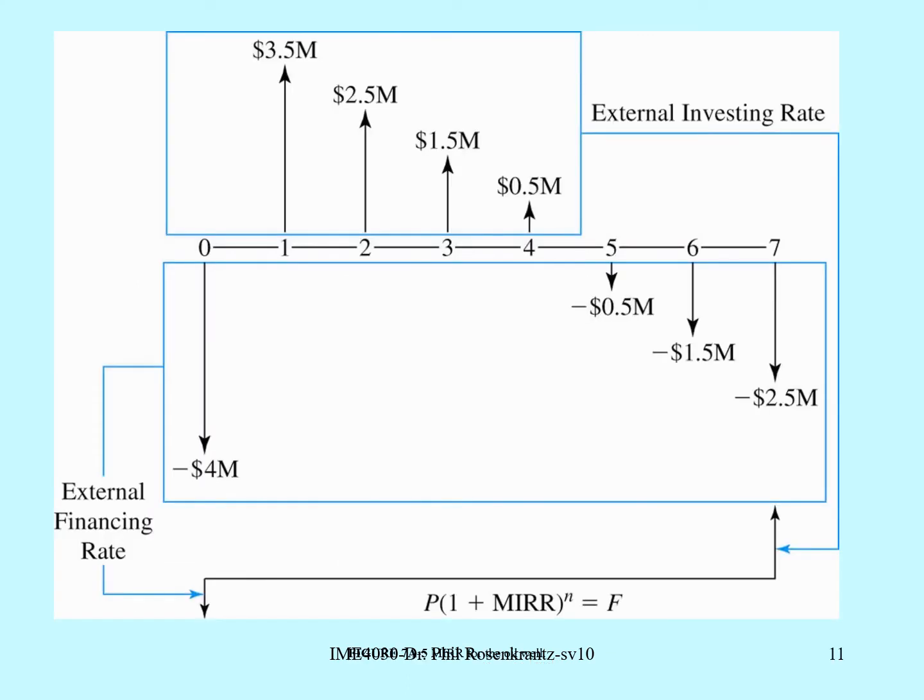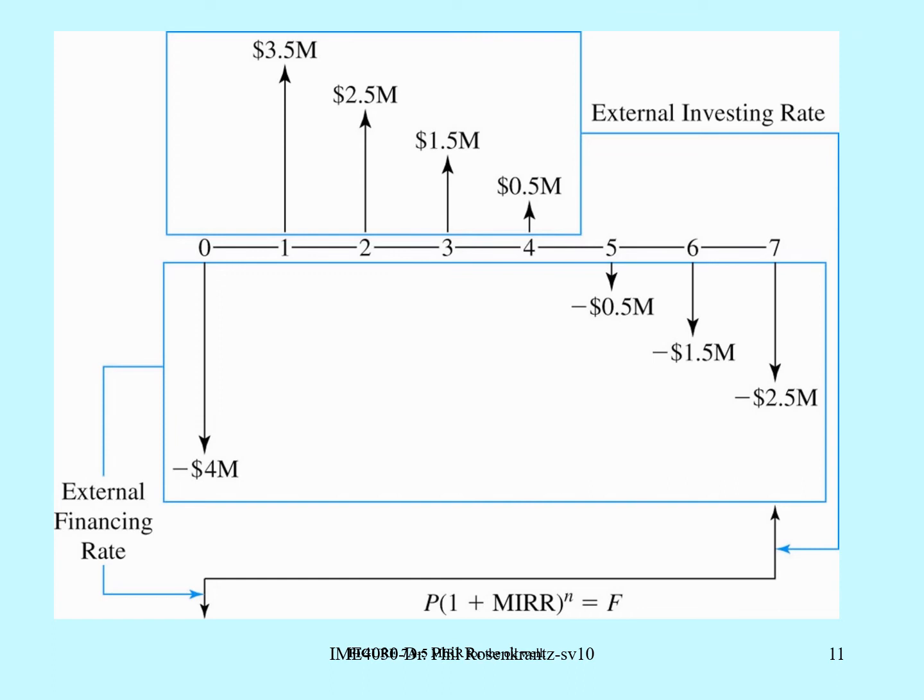So using our MIRR technique, we are going to take the 4 down arrows, the 4 expenses, and bring them all back to time 0 using the external financing rate that we choose. And we're going to take the 4 up arrows, the 4 incomes, and find what their future value is using the external investing rate that we choose.